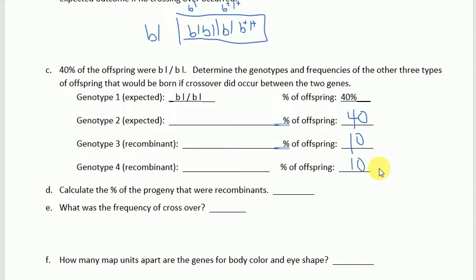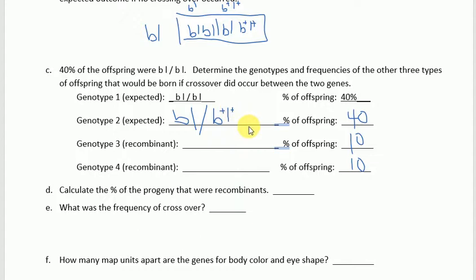So the next thing to figure out is what the expected would be. So we know that we have one, we just looked that up here, the BL BL. So the other one is going to be the BL with the B wild and the L wild.